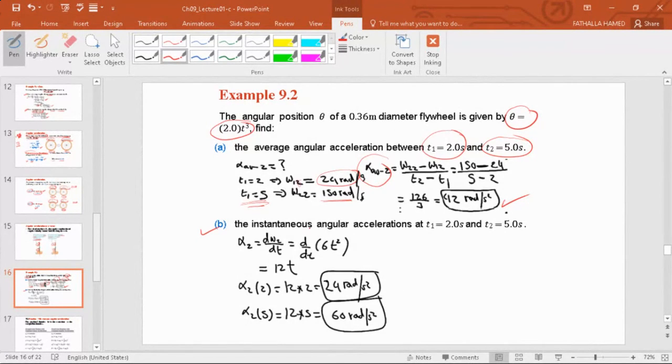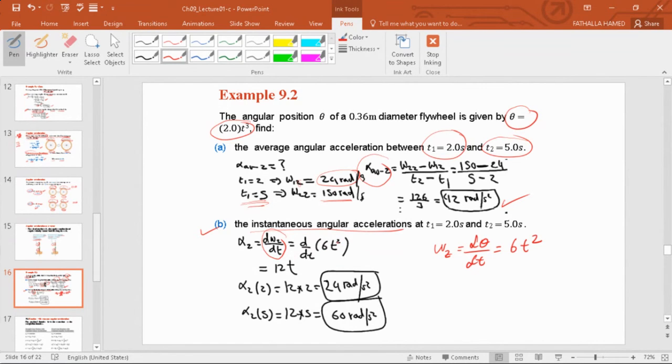In part D, they want the instantaneous angular acceleration, and the instantaneous angular acceleration is d omega by dt. So alpha z will equal d omega z by dt. If you recall, we said that omega z was equal to d theta by dt, and that was basically equal to 6t squared. So now we say d omega by dt, which is d by dt of 6t squared.